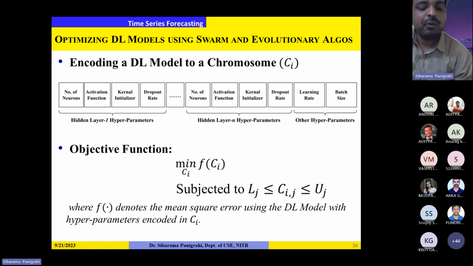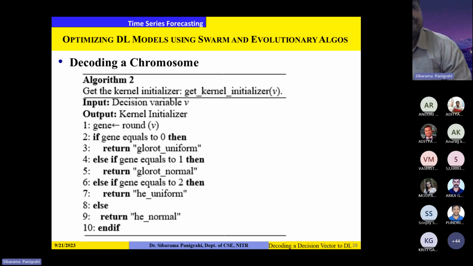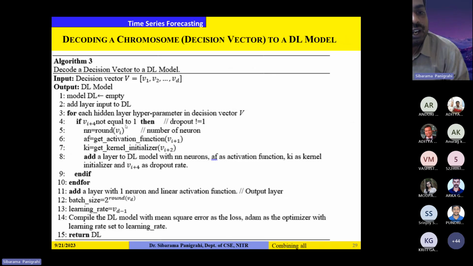So if dropout rate is 1, it means 100% of neurons I will drop. It means that layer itself is dropped. So first I am checking if the dropout rate is not 1. If it is 1, then I will skip that layer.